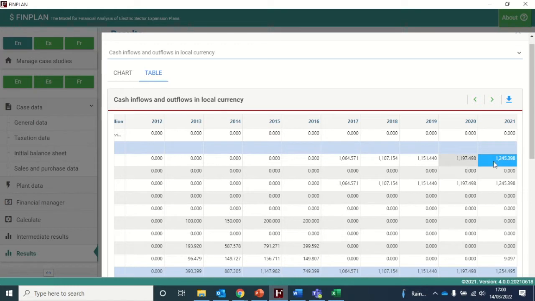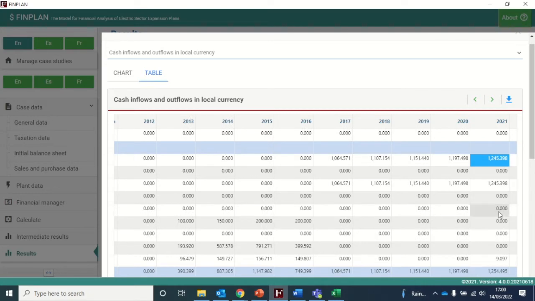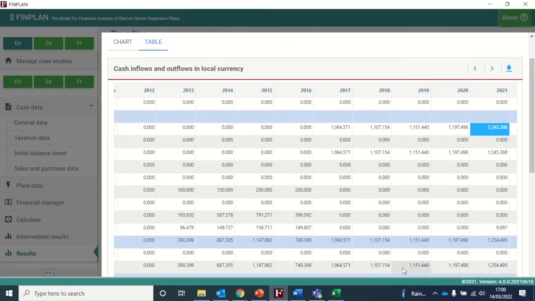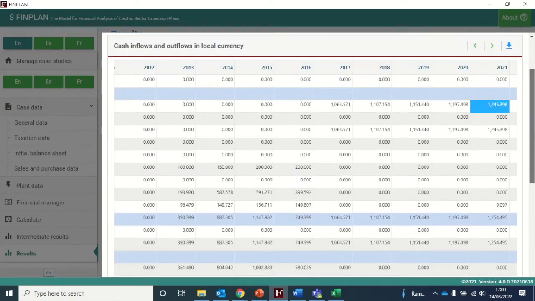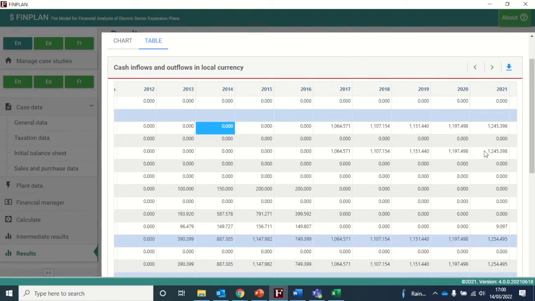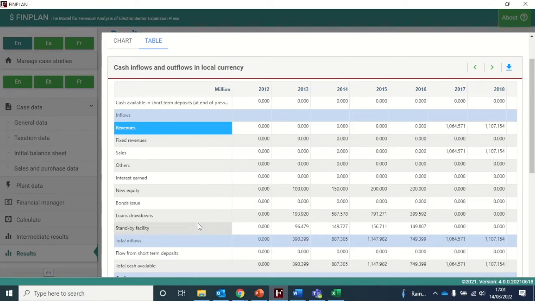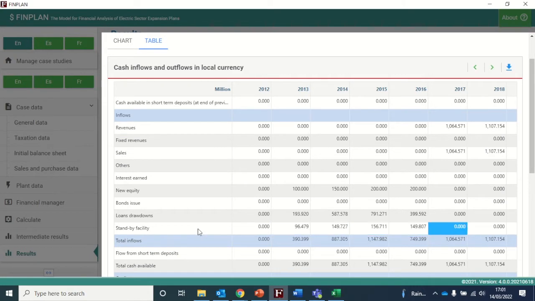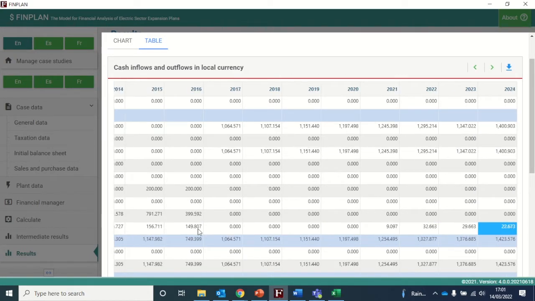Between 2021 and 2029, however, the standby facility is used again to meet a shortfall. If we move this back to find where the standby facility is, we can see that from 2021 to 2029 it is being used again.